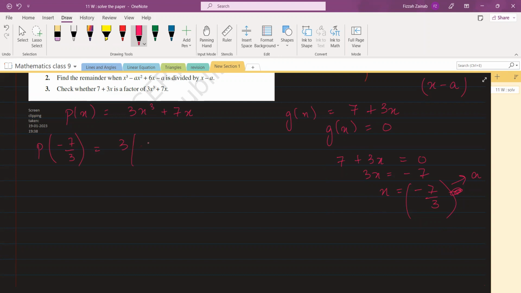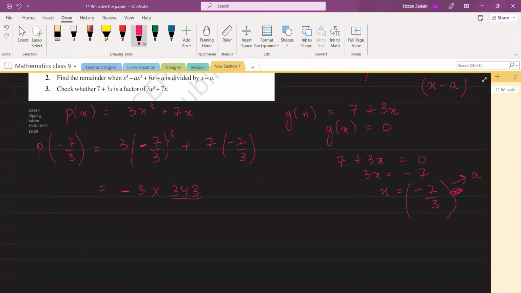So 3 into (minus 7 by 3) whole cube plus 7 into minus 7 by 3. Now this is minus and it has an odd power, so one minus is going to be outside. 3 into 7 cube, which is 343, that you can check.